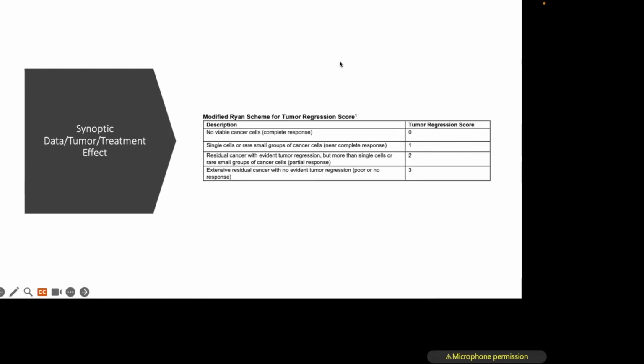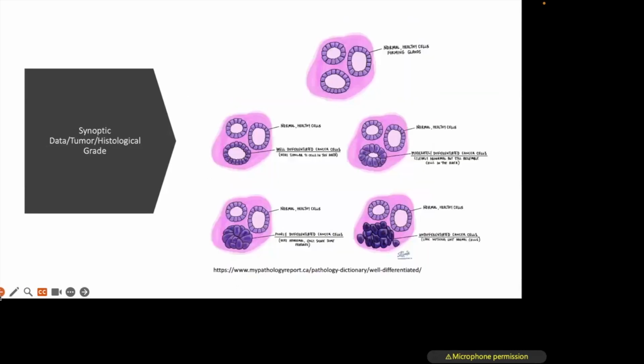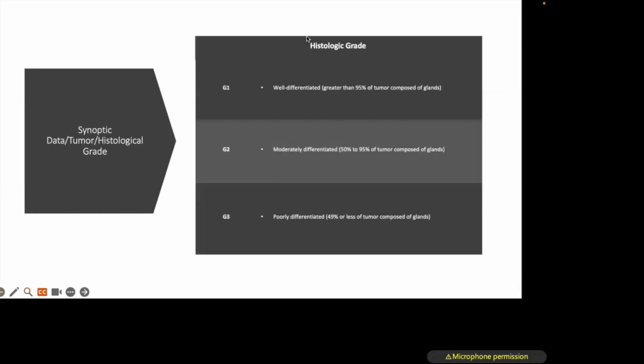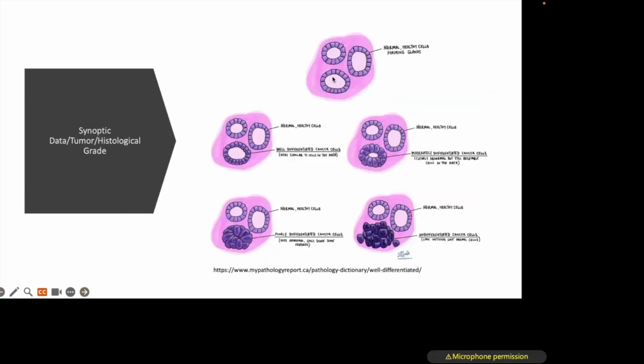Oh, so it means we don't assign a histology grade. So now let's go back here. So remember what we said, we have histological grades for pancreatic adenocarcinomas, and it depends on how well they resemble these guys, the normal ducts.